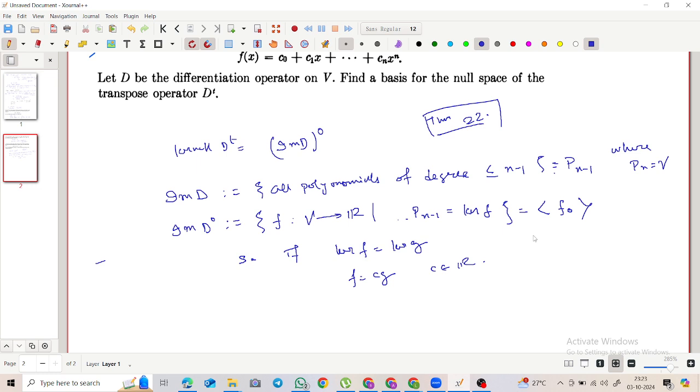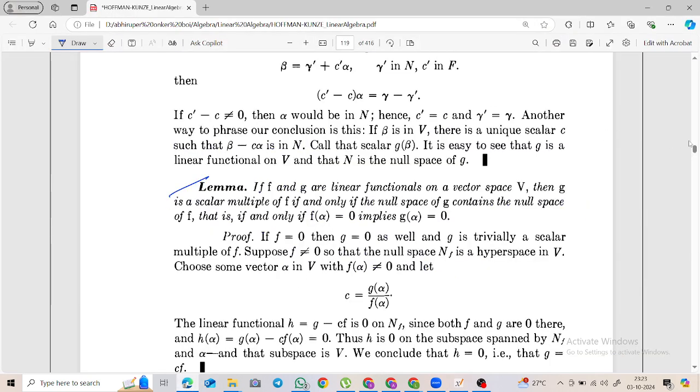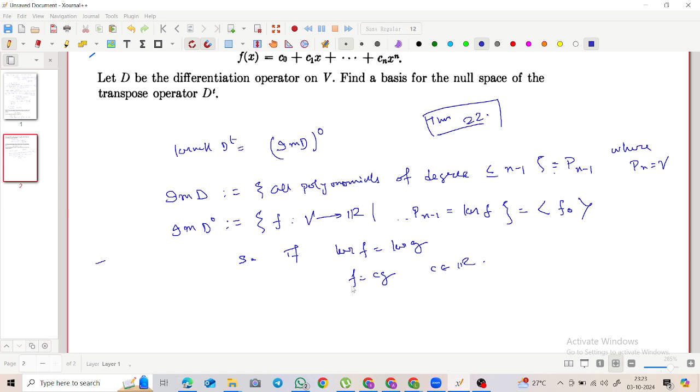Yes, here theorem number 16 could also have been used, so the dimension would be 1. Very good. Also we can do that: the dimension of V minus the dimension of the kernel, n minus (n minus 1), is 1.